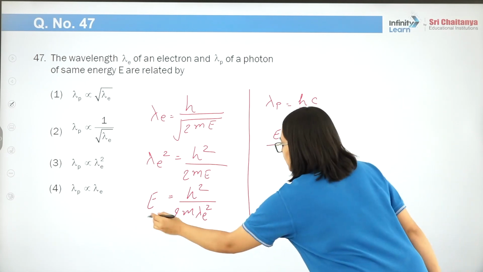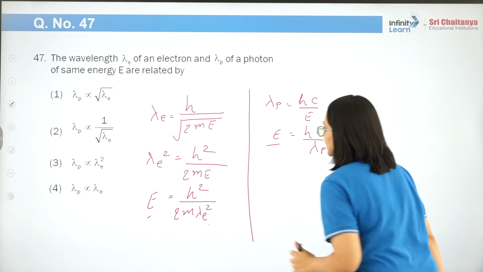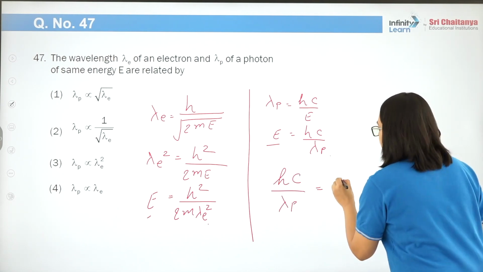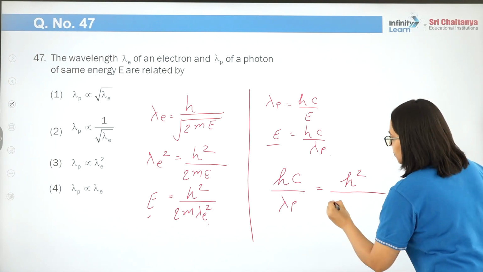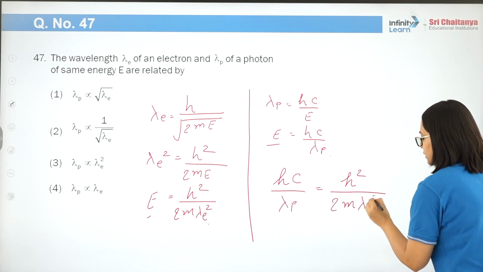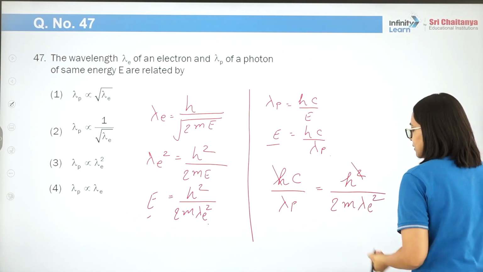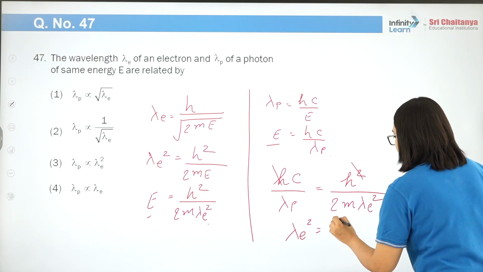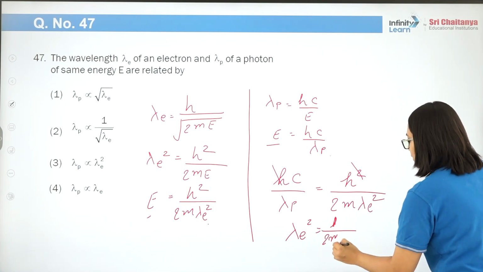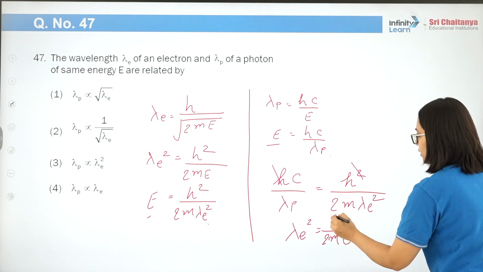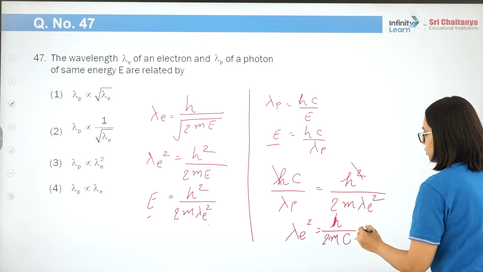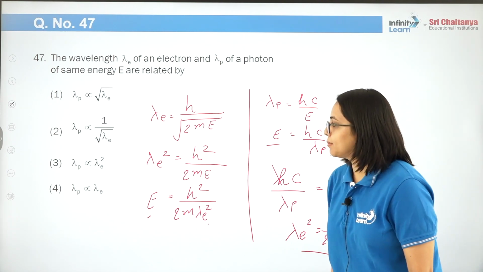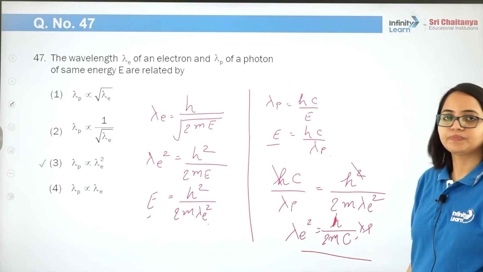This E and this E both are equal. Let's equate this and this term. So we have hc upon lambda p is equal to h square divided by 2m lambda e square. H cancel. So we have lambda e square as h upon 2m c into lambda p. So you can see that lambda p is directly proportional to lambda e square, which is option 3.